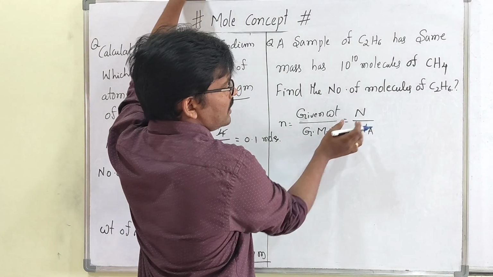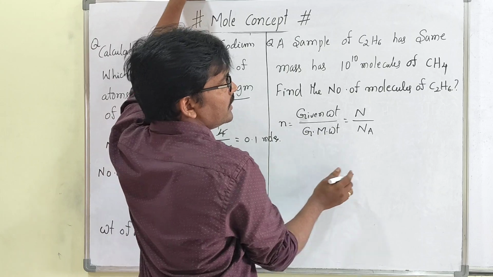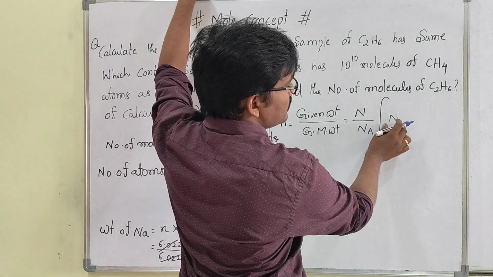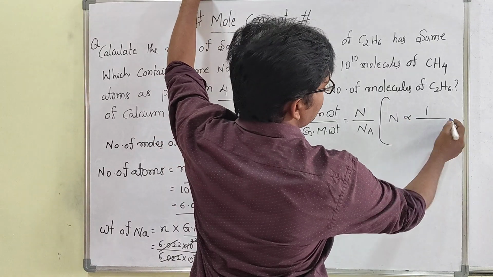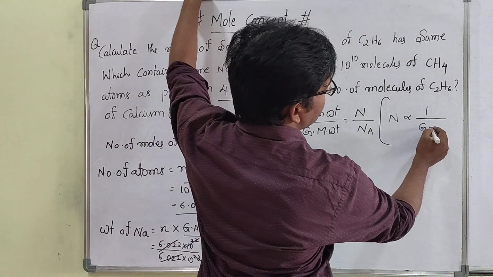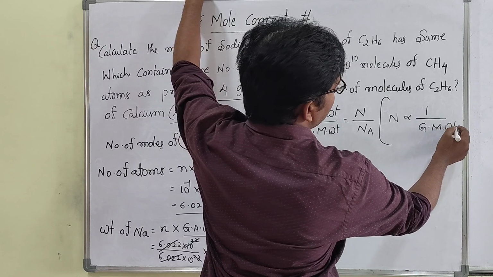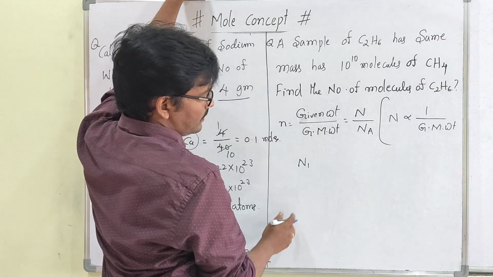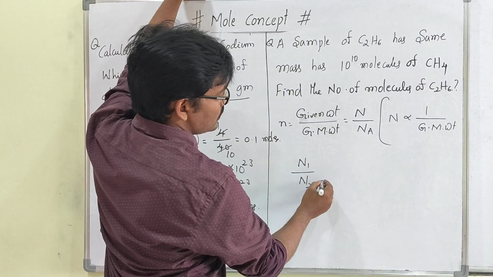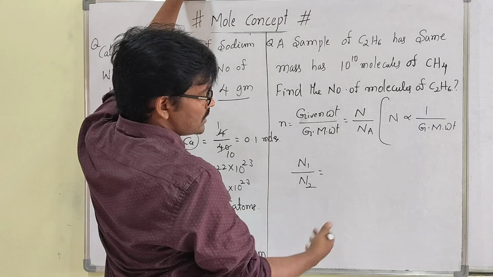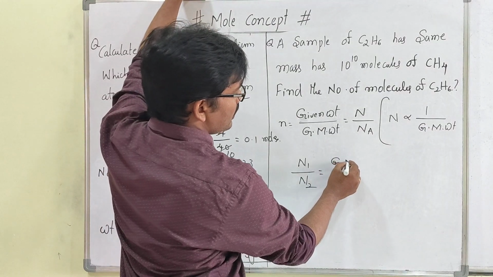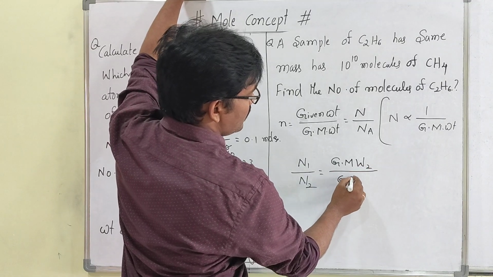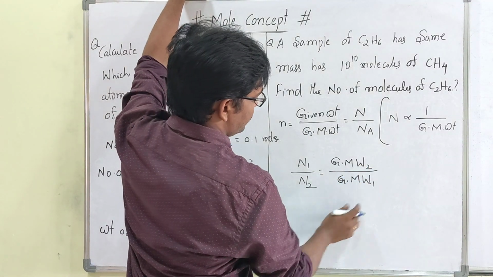number of particles is inversely proportional to the gram molecular weight, right? So number of molecules is inversely proportional to gram molecular weight. Here N1 molecules divided by N2 molecules, since it is inversely proportional, equals gram molecular weight of the second divided by gram molecular weight of the first.